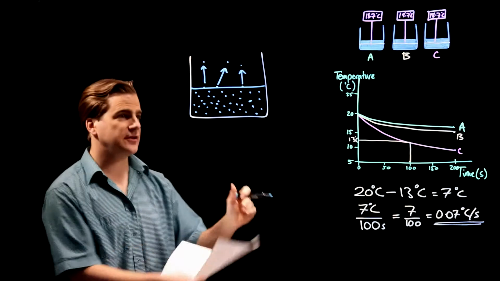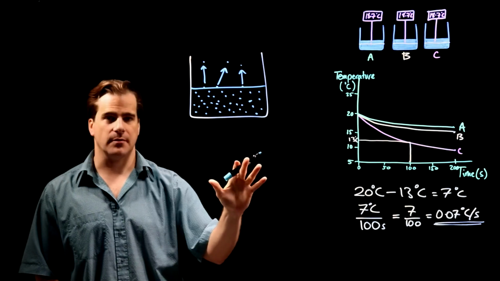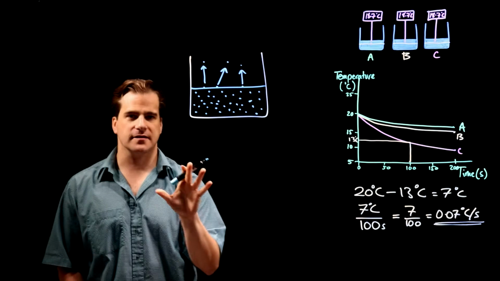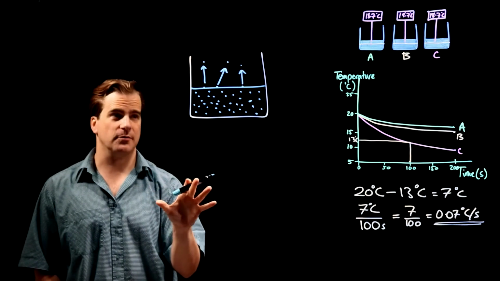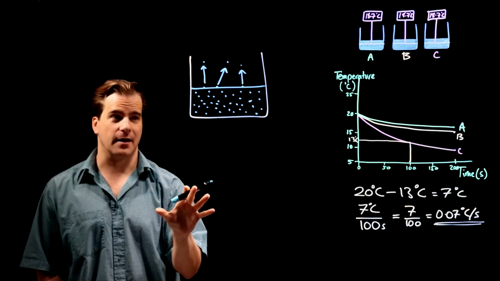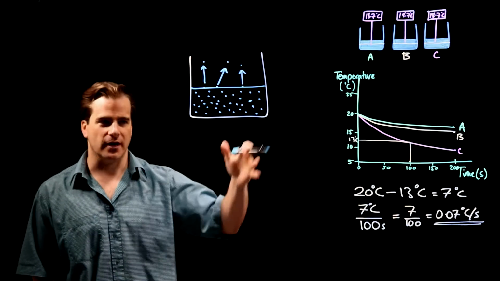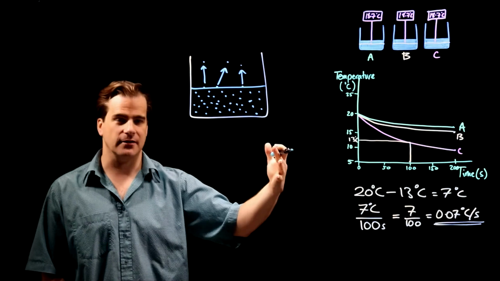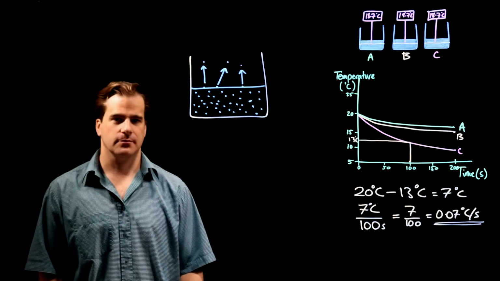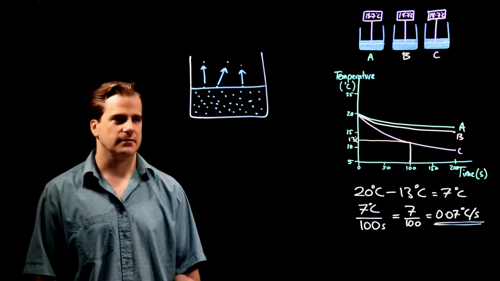And this lowers the average energy of the remaining particles, 3 marks. Okay, so that's as concise as you could possibly get it in an exam, but it will get you 3 marks. You should probably write a little bit more than that along the lines of the longer explanation I gave, but that's the reasons, the explanation.